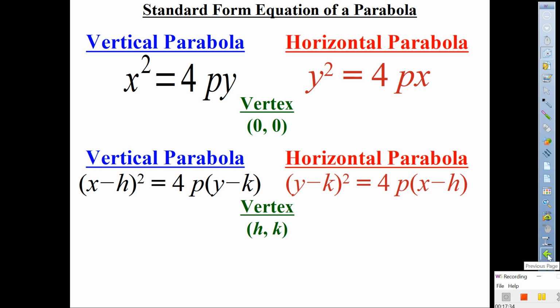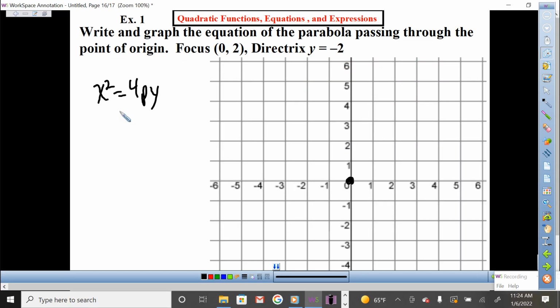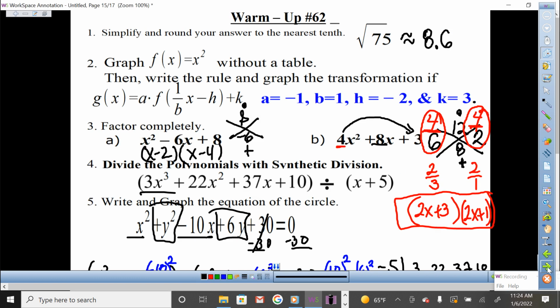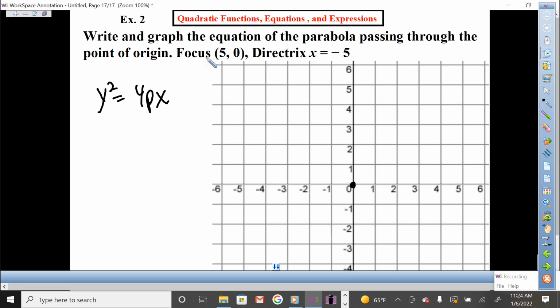Now, let me go back to the previous practice that we did. Look up. The previous equation didn't have a transformation, so it was going through 0, 0. But look at the focus. The focus had 0 and a number, or a number and 0, but still it has 0 somewhere in the focus.